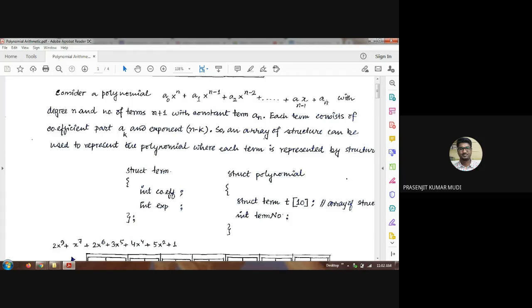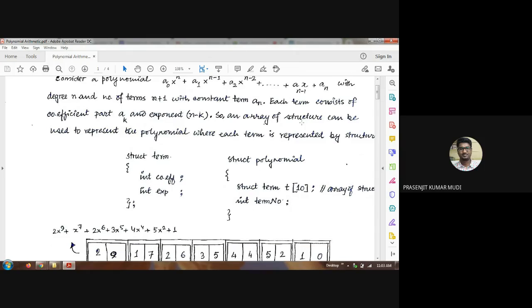Here it is an, the superscript is n, so the power is x to the power n minus n, that is 0. That's why if you have a coefficient part ak, you know that the power of that variable term will be n minus k. That is the relation.